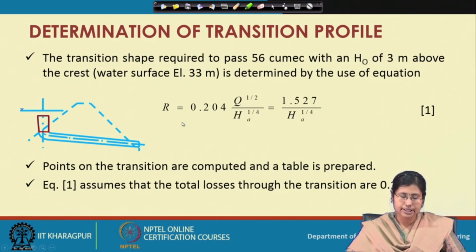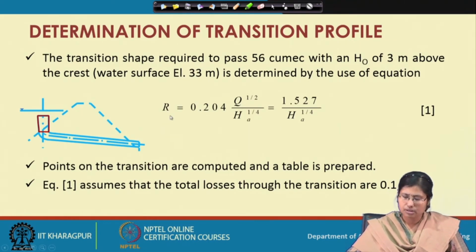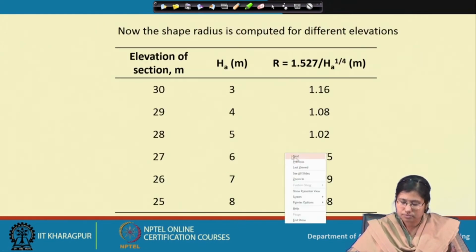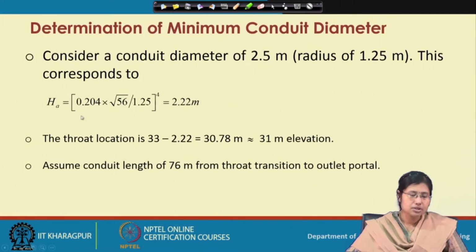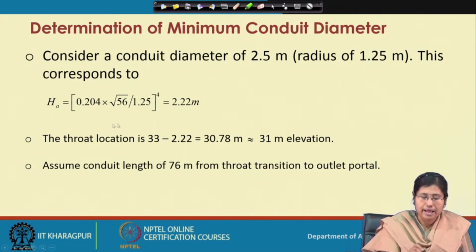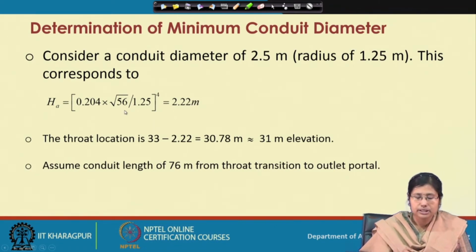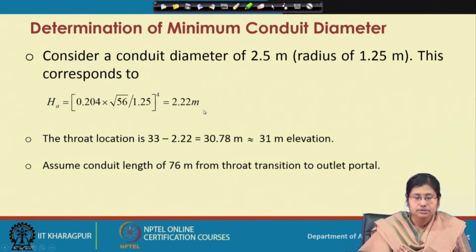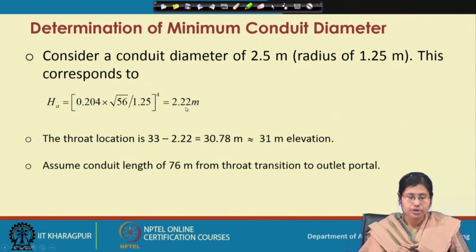So, this equation here, equation 1. In that way we can get the value of Ha, where Q was kept as 56, using the assumed radius, and the head comes to 2.22.